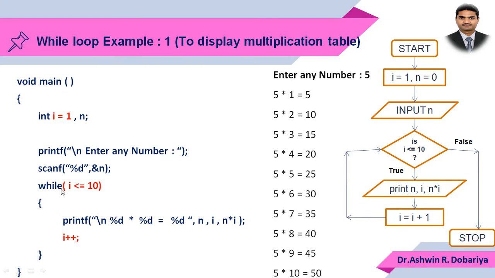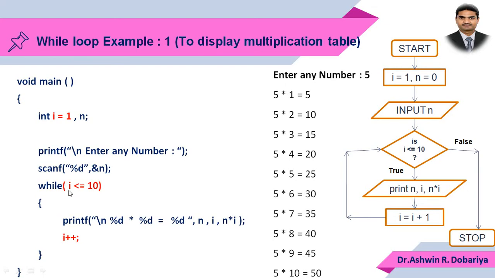Here, if we want to write a while loop, we want to start the counting from 1. So the counter variable is initialized with the value 1, and then we will check while i is less than or equal to 10. So this is the starting counting value, and the second one is the ending. Here we start from 1.